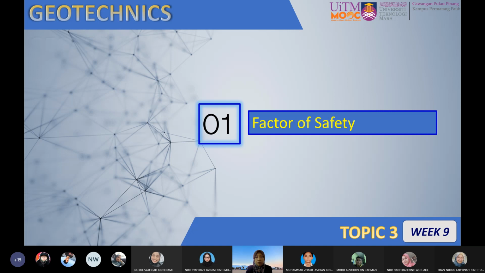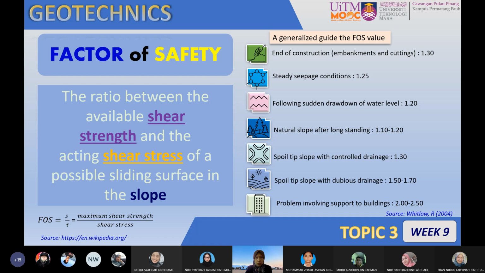And what exactly is factor of safety? By definition, it is a ratio between the available shear strength and the acting shear stress of the possible sliding surface in the slope. So the definition itself, as you can see here, relies on the strength of the soil.